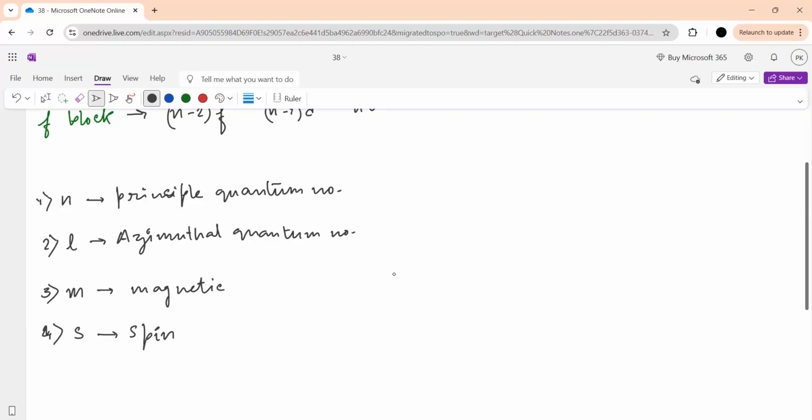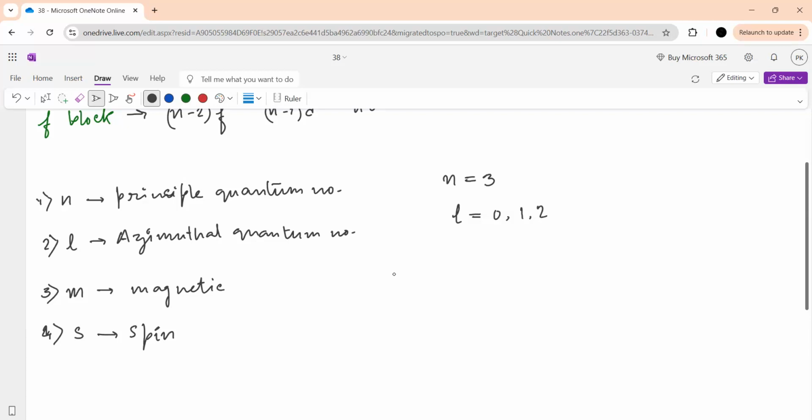Okay. So if I give you n is equal to 3, let's say, then what will be the values for l? L will be 3. No, l will be 0, 1, 2.